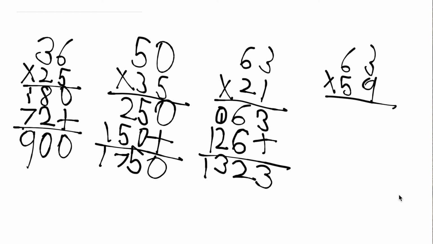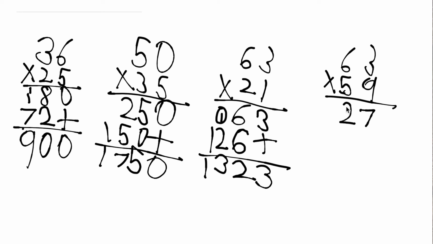Now we're going to the last problem. So finally, the final problem. Let's do this together. 3 times 9 is 27. So we put 7 here and 2 over there. And then 6 times 9 is 54.